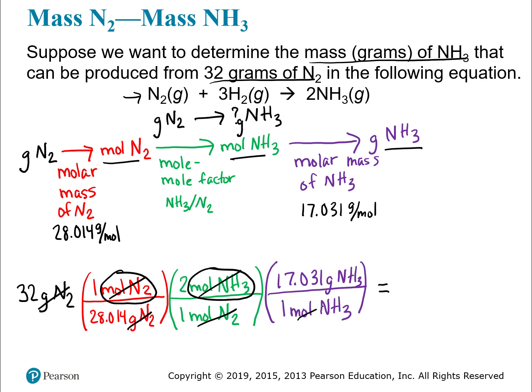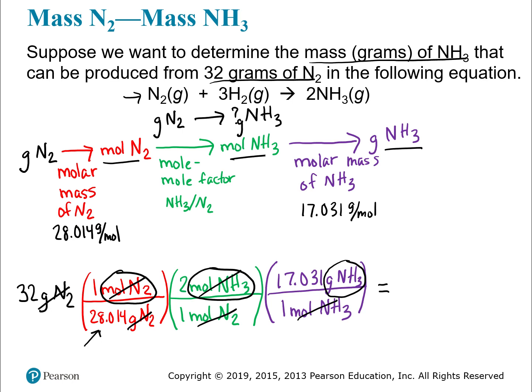We cancel out the moles. We're left with grams. So now we know what we get should be in the right units. When you're going through here, make sure that you multiply and divide as needed. Don't forget, when there's a number that's different from 1 in the denominator, make sure you divide.